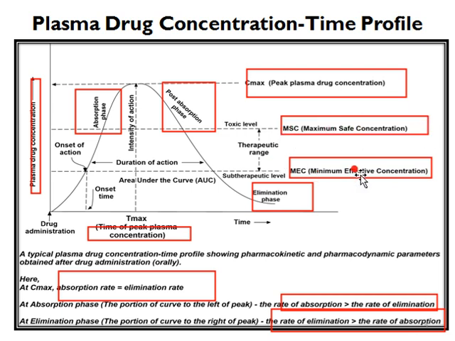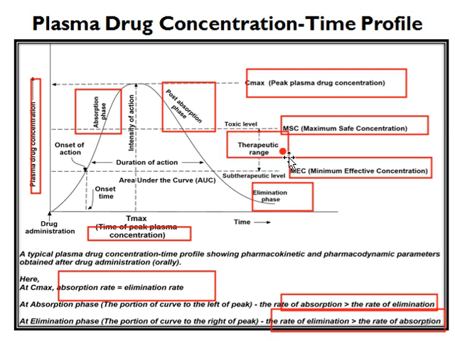Minimum effective concentration is the minimum concentration which must be achieved in the body to begin the therapeutic action of the drug, whereas maximum safe concentration is the concentration above which the toxic or side effects of the drug may be precipitated in the body. Hence, it is also known as the minimum toxic level of the drug in the body.